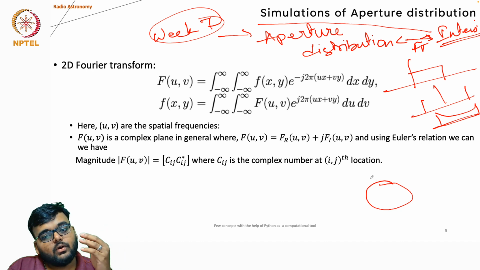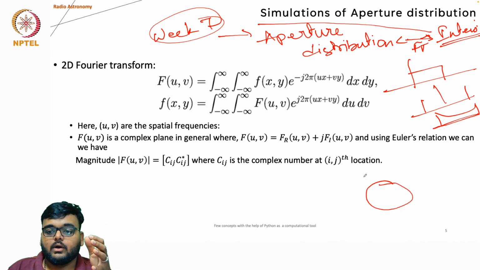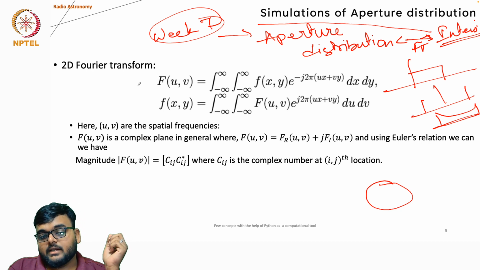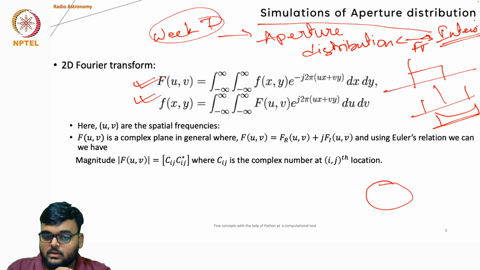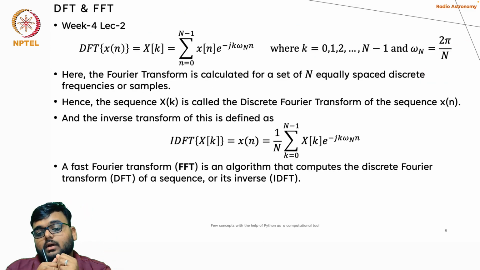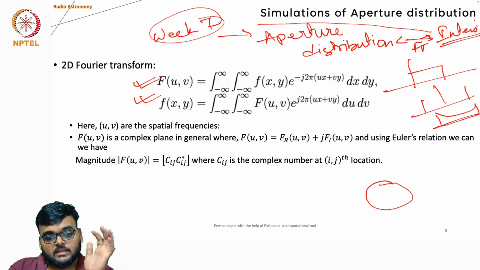In 1 dimension we already know how the Fourier transform looks, but it's very interesting to know how it looks in 2 dimensions. Now let's just skip a bit.